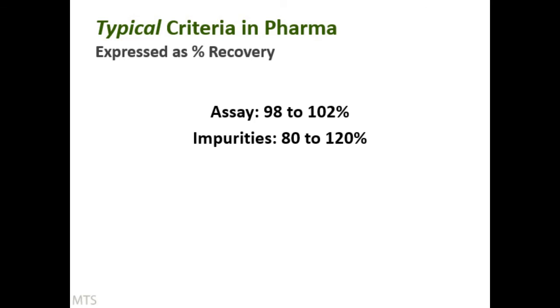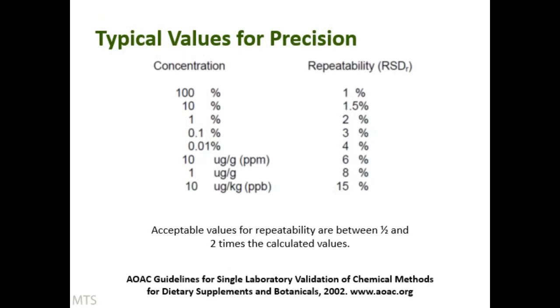Precision, we have a similar situation. You can see that this time we're talking about an RSD, the spread of our data, our normal distribution, and the typical values go up, and we have more and more error as we go to lower and lower concentrations. So pure substance maybe somewhere around 1%, 1 or 2%, depends what sort of sample you're dealing with.